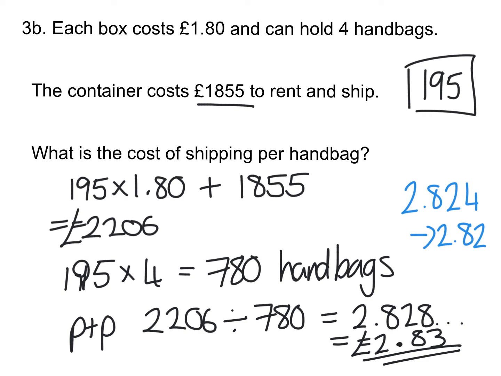Because if I did 2.82 times my 780 handbags, they're losing a couple of pence in each handbag. They're only making £2,199. So they're short here. So if there is a question where you think it's naturally going to round down, you round up, okay? So you would round up, but this isn't the case in this example. I just wanted to mention it.